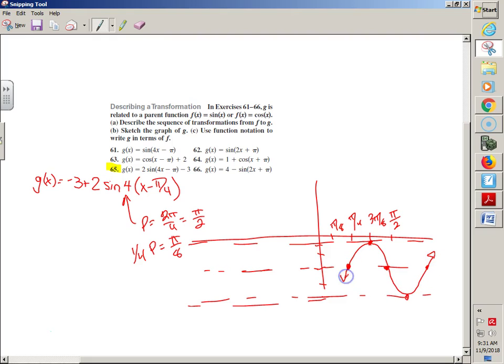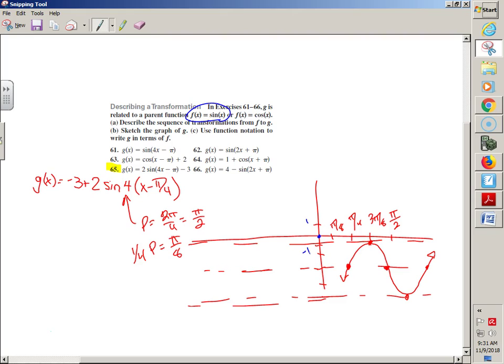But they're asking me to compare that to the original sine. And the original sine would have gone up 1, and if I were to change colors real quick, would have started in the middle, my parent function. Started in the middle, just going up 1, down 1.